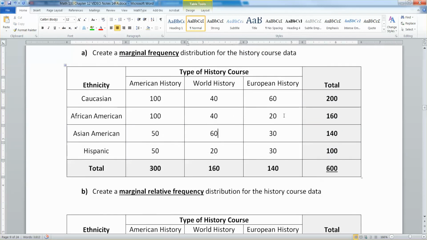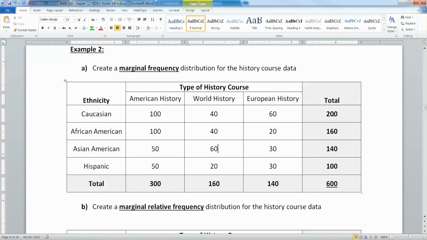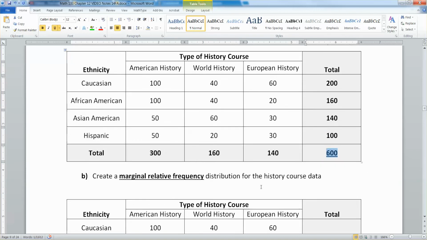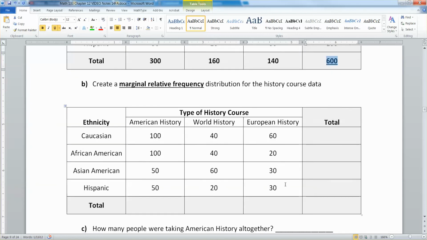So we used this back in chapter 4 because I would say, what's the probability of being African American? And we would say 160 divided by 600. What's the probability of being in the American history class? That'd be 300 divided by 600, that kind of thing. All right, now we're going to expand that idea and we're going to find the marginal relative frequency. So the relative frequency means you're going to find out how frequent was that group in relation to the whole.